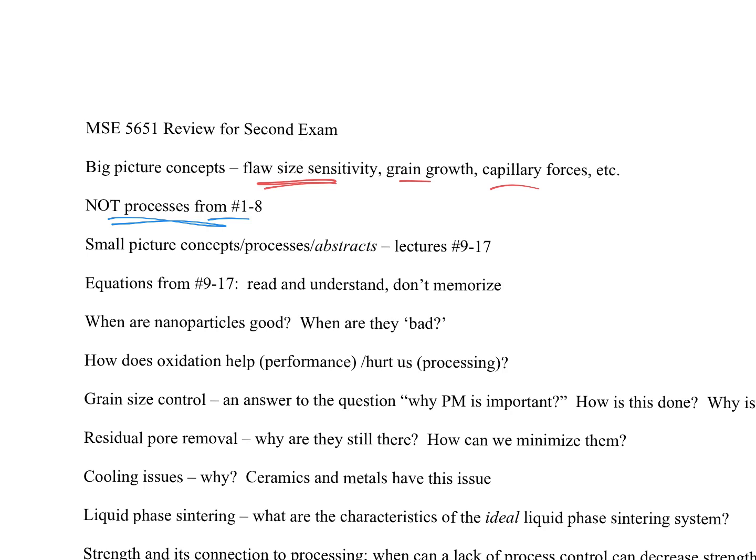And some of the smaller fixture concepts are abstracts and so forth from Lectures 9 through 17. So as you should have already guessed, there'll be more abstracts on this test. And if you look at the sample exam from last year they've given you, you've seen that was followed through on. And just to reiterate, equations, you read and understand, but don't memorize them, please.